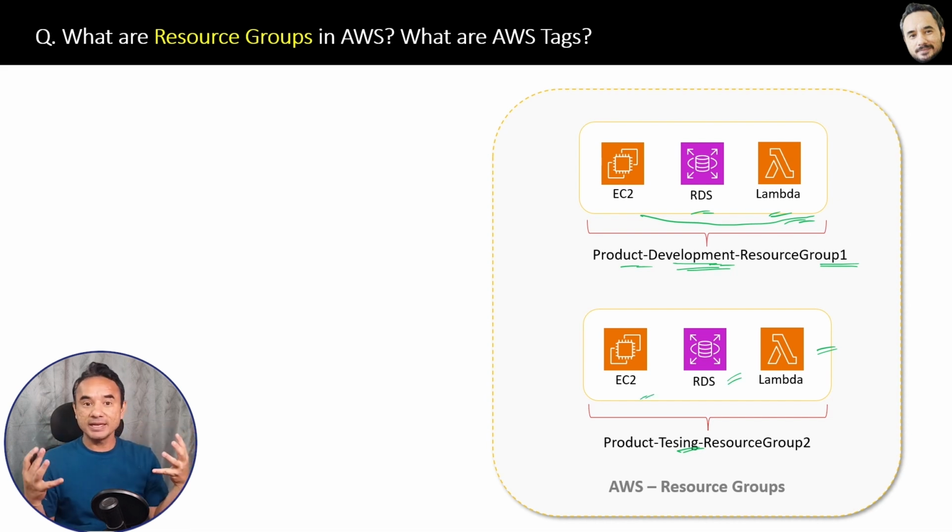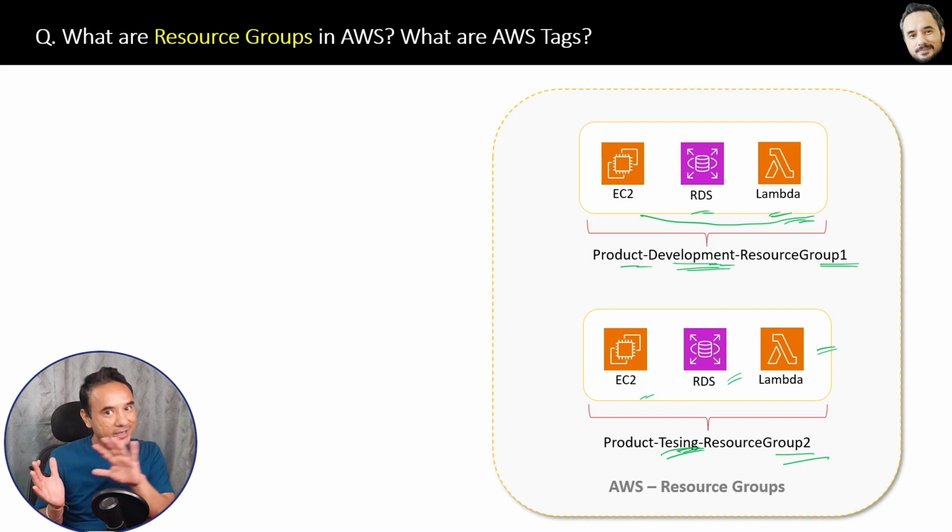So you understanding it, the name is Product Testing Resource Group number 2. This group can be accessible to both development or testing or only testing. It depends on you. Similarly, you can create a resource group for UAT, for staging, for production environments. Different environments, different resource groups. Okay.